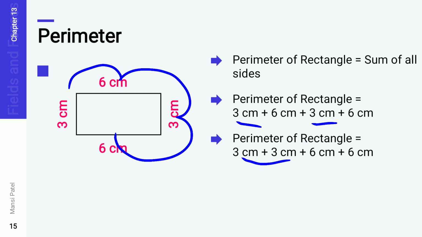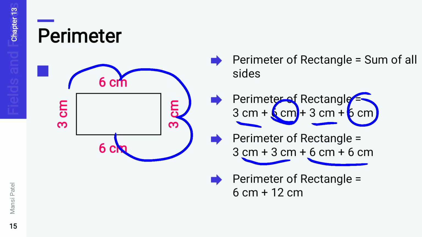Now you can see here they were given 3 centimeter 2 times. So write down 3 centimeter 2 times. And they were given 6 centimeter again 2 times. So write down together 6 centimeter 2 times. Now do the addition. 3 plus 3 is 6 and 6 plus 6 is 12 centimeter. And 6 plus 12 centimeter is equal to 18 centimeter.